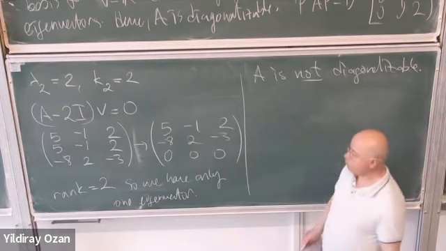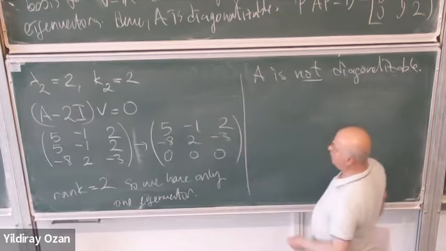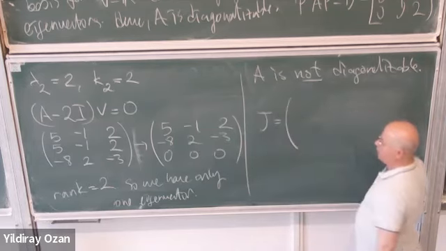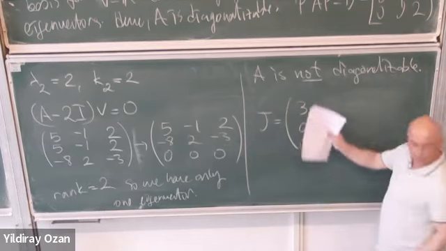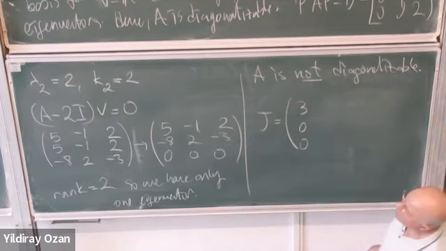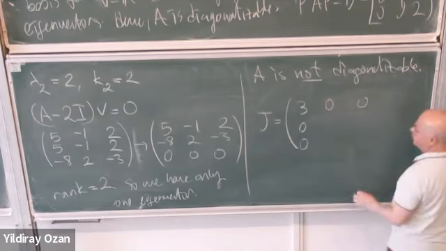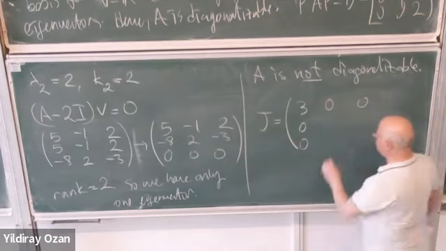What should be the blocks? Well, J should be something like this. I have already one eigenvector, so that gives me this entry, for the eigenvalue 3. And here I have a 2 by 2 Jordan block. Right? So it should be like this.